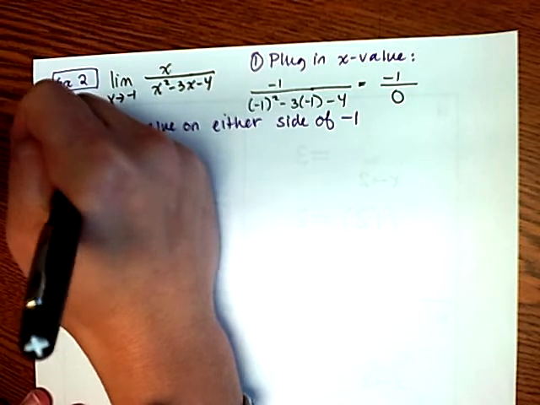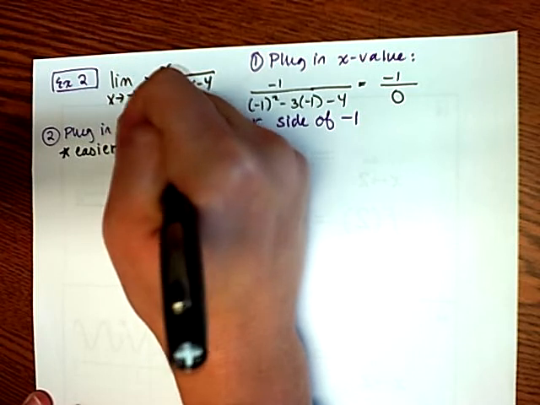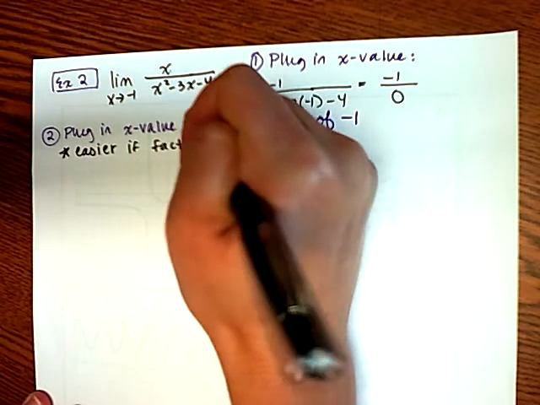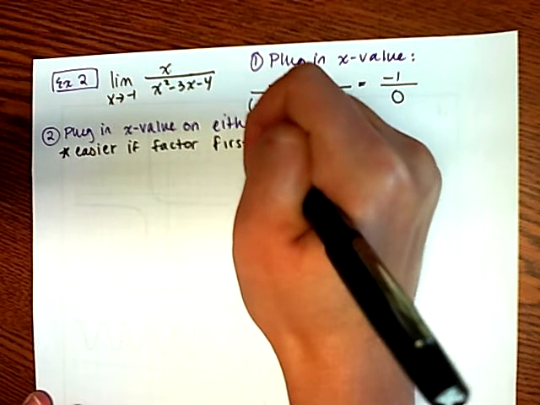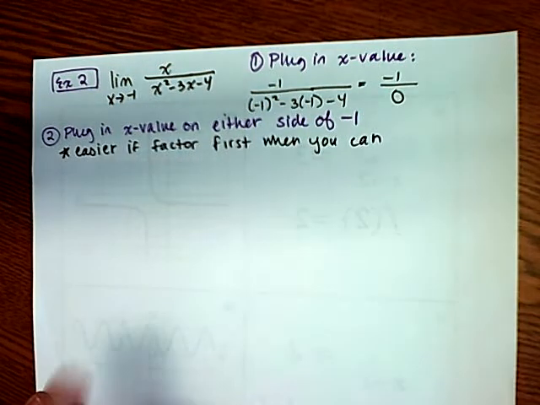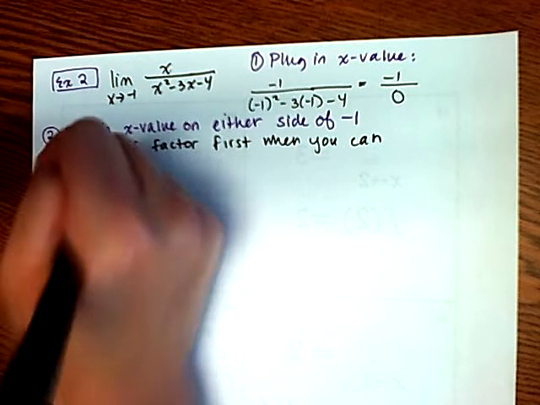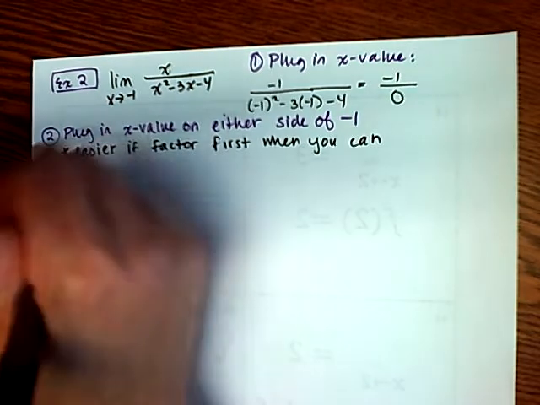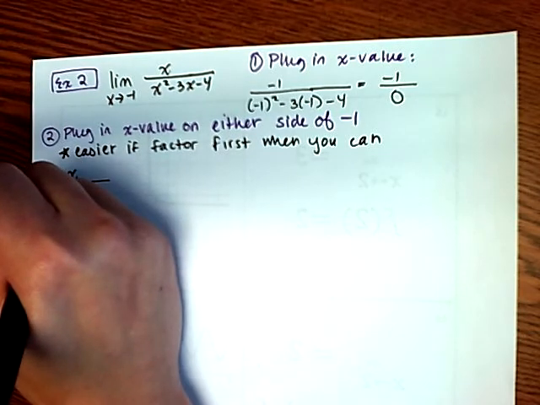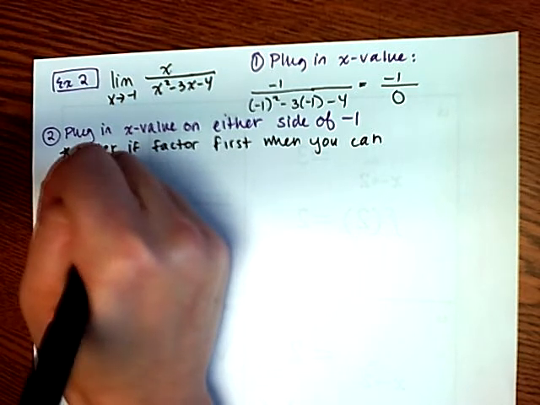It's always going to be easier if you factor first when you can. So what I notice in this problem is that I can factor my denominator, and I'm going to do that from the beginning just because it's going to make plugging in these decimals easier. So then I would have x minus 4 and x plus 1.